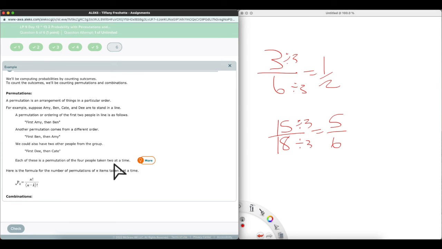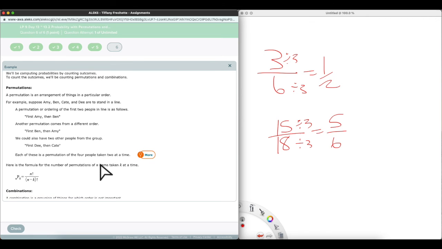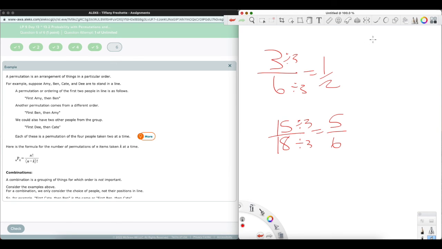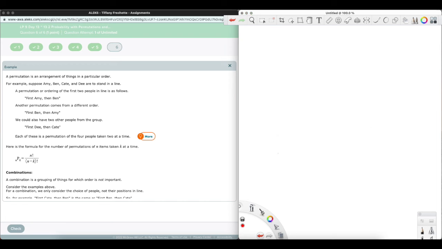So here is the formula for the number of permutations of n items taken k at a time. So we've already actually seen this one. They had r instead of k, but it was the same formula, wasn't it? From earlier in the section when we were introduced to this idea. So we're going back to this idea where we're doing factorials. N minus k.